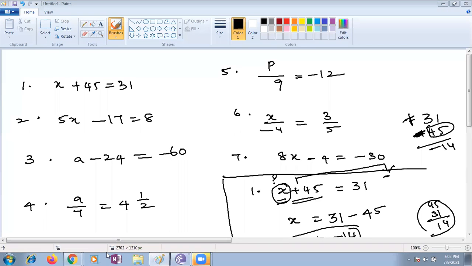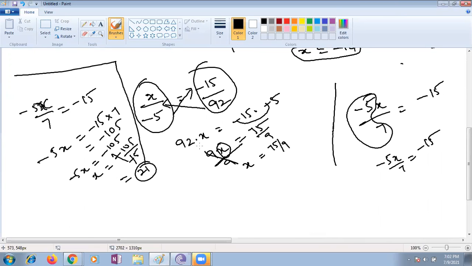Ma'am, I have a doubt. Yes, please, what's your doubt? Ma'am, in the last question, can you scroll up? Ma'am, here 92 into x, how did you get 9x? 92 into x is nothing but... So we are supposed to write 92. Sorry, I forgot the 2.